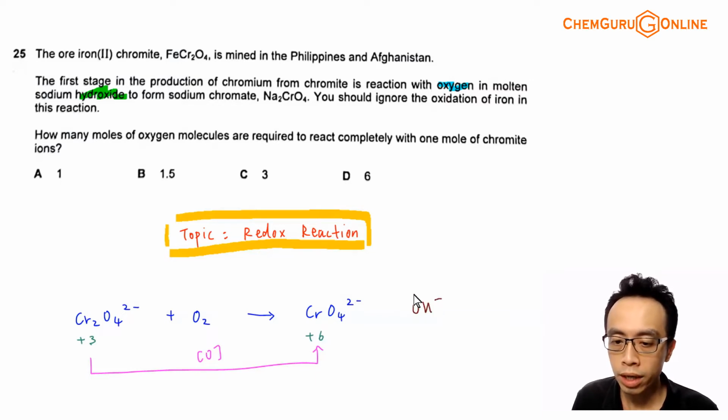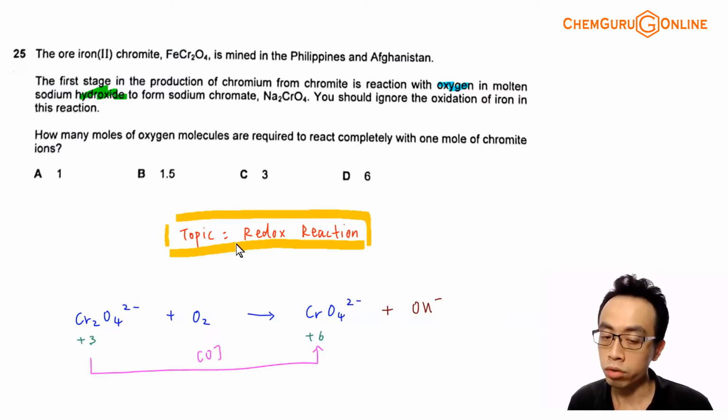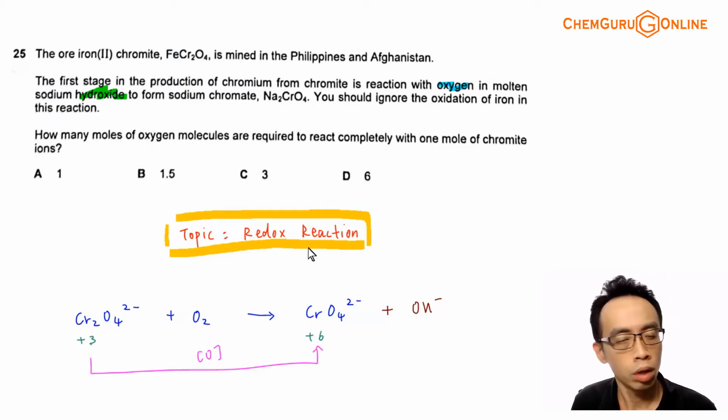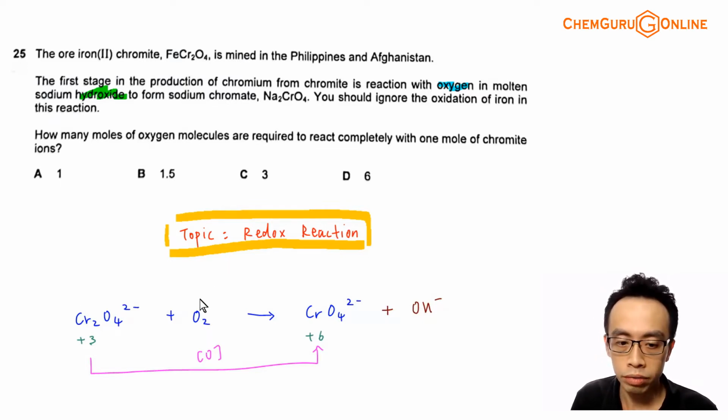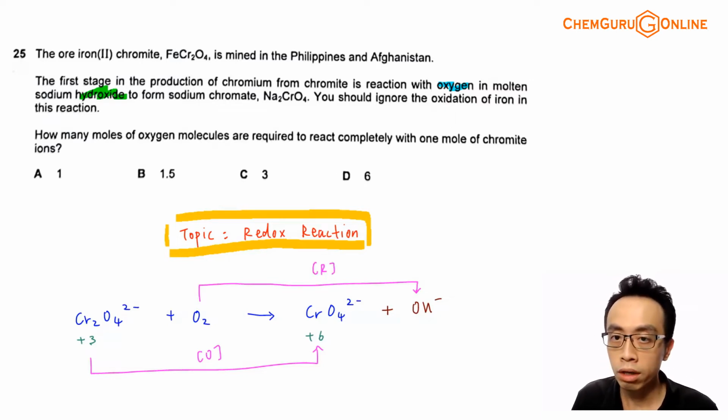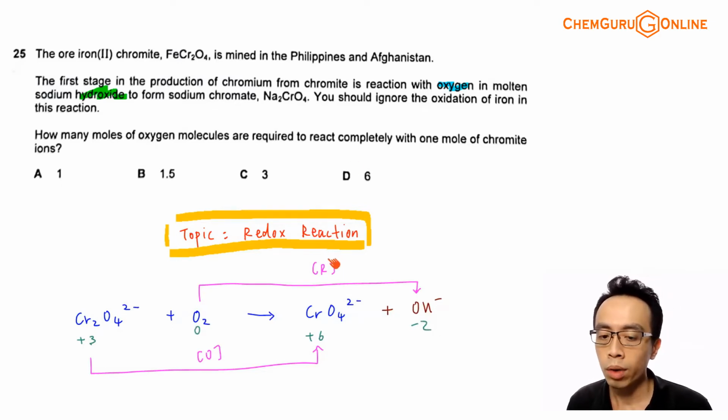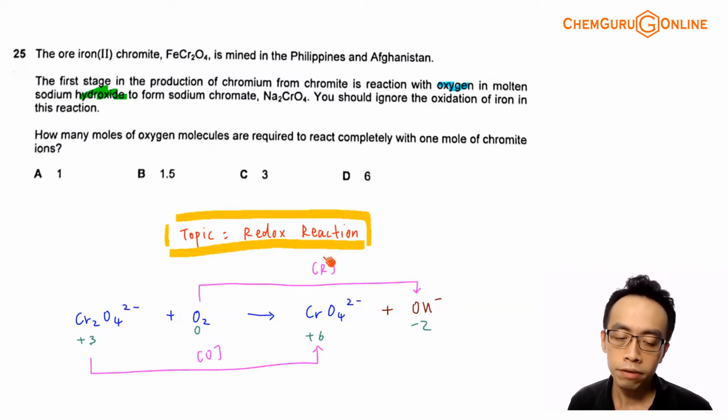So let me put this here. The product with respect to oxygen should be OH-, and this will be a reduction from oxygen to hydroxide. Change in oxidation state for oxygen here from 0 to -2. So this is the first thing we have to determine: what is the expected product, and who is oxidized and who is reduced.